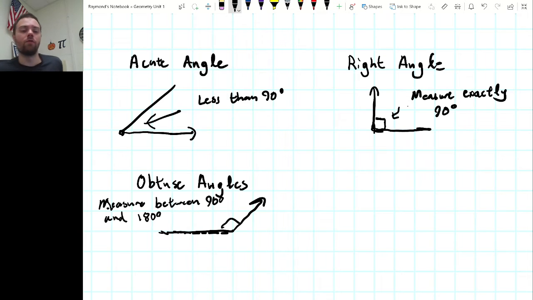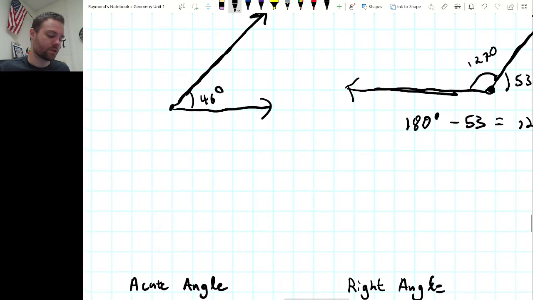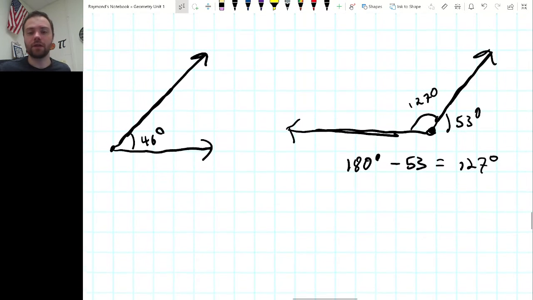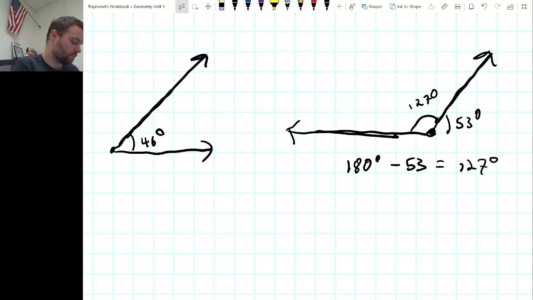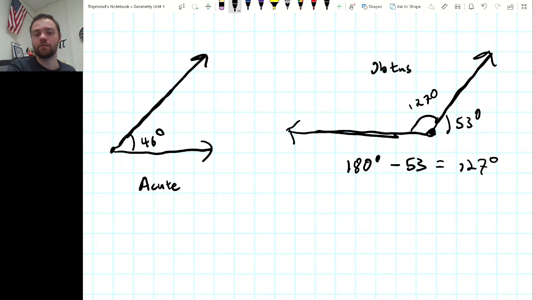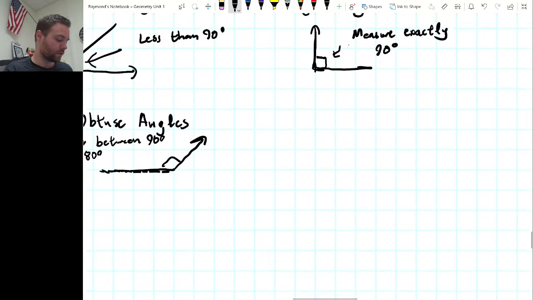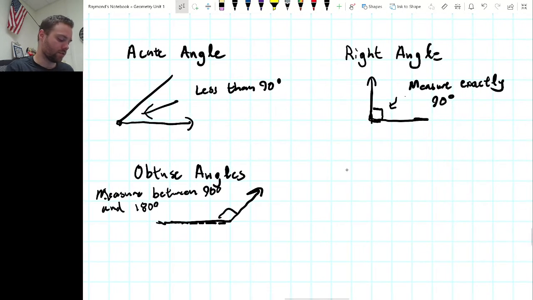So it won't go over 180, and it won't go under 90 degrees. Like we had earlier, we had an angle that was 127 degrees. So the left angle is acute, so it's less than 90 degrees, and this angle is obtuse. And then the last type of angle we have is a straight angle.